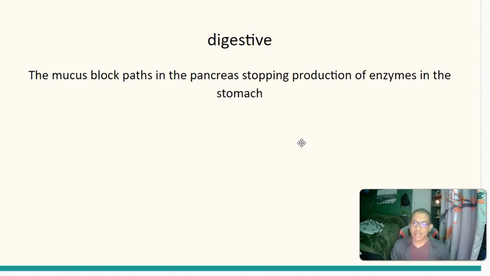As a result, people who have cystic fibrosis don't digest their food well. Because of the clogging of the pancreas's pathways, they have a real problem absorbing most proteins, fats, and vitamins into their body. This leads to varying degrees of malnutrition in people who have the disease.